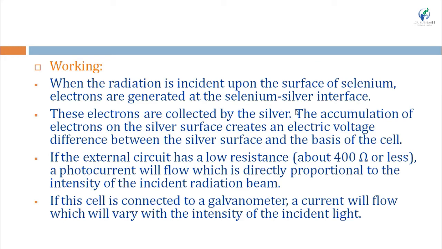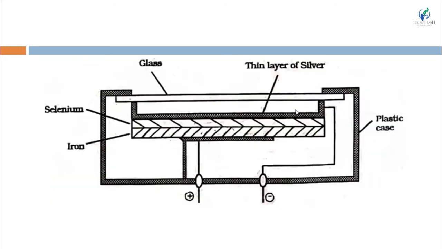Now working. When radiation is incident upon the surface of selenium, this radiation means the radiation coming after passing from the sample, right? So this transmitted radiation is incident upon the layer of selenium, which is a semiconductor material.